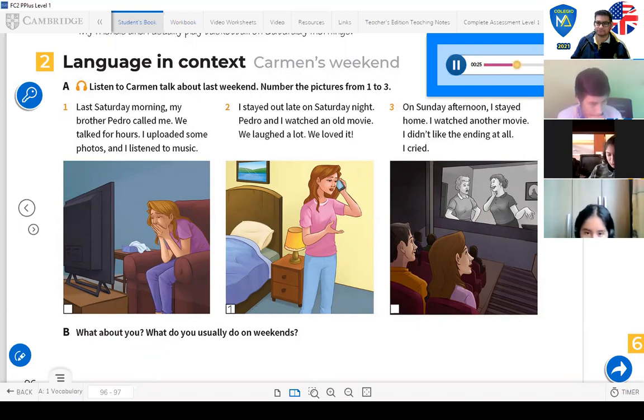I stayed out late on Saturday night. Pedro and I watched an old movie. We laughed a lot. We loved it. 3. On Sunday afternoon, I stayed home. I watched another movie. I didn't like the ending at all. I cried.